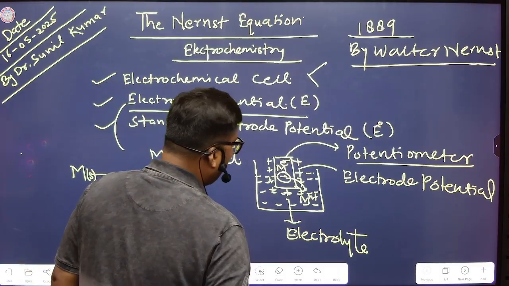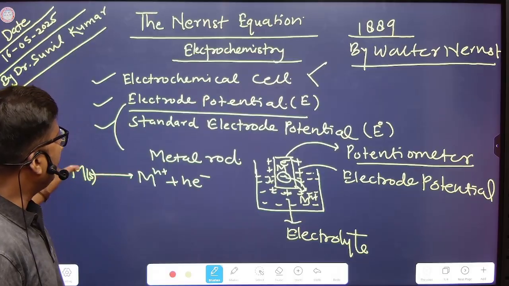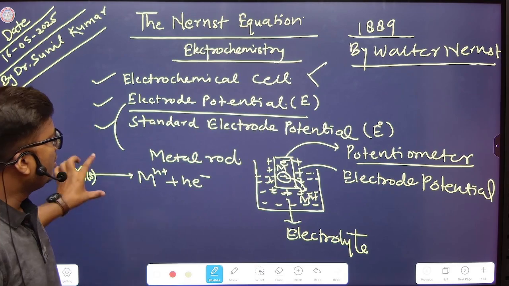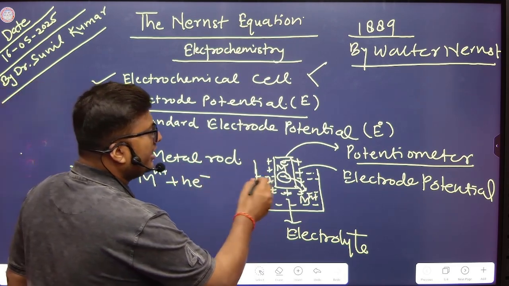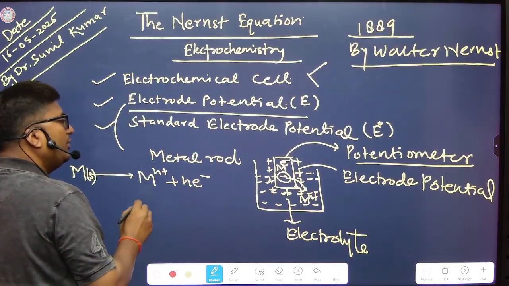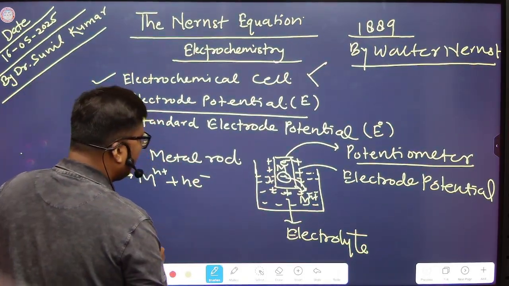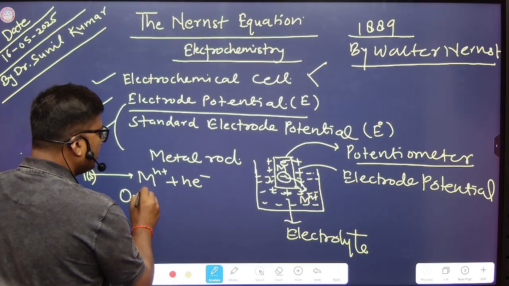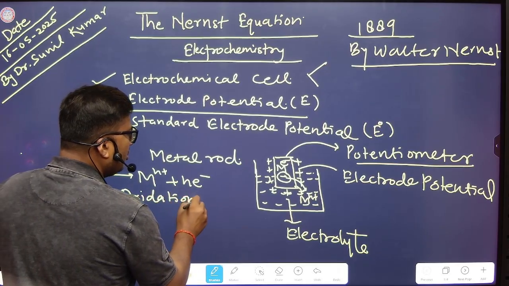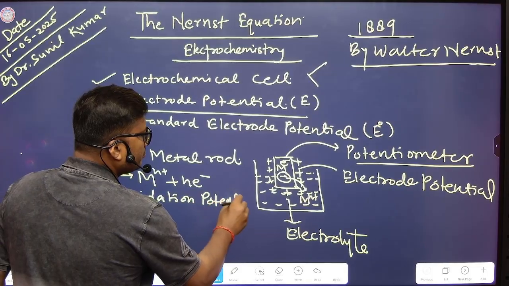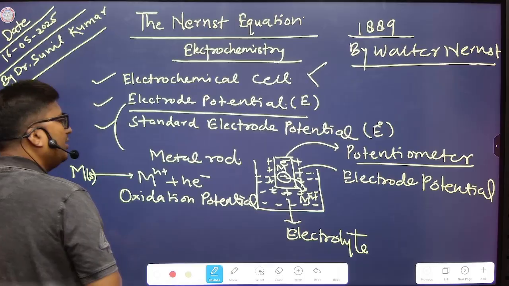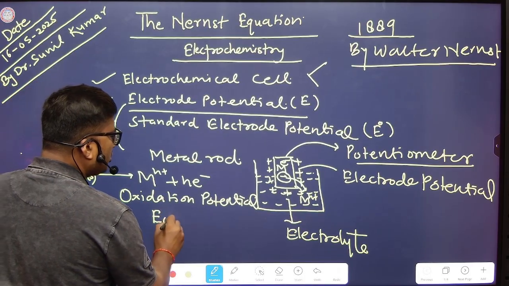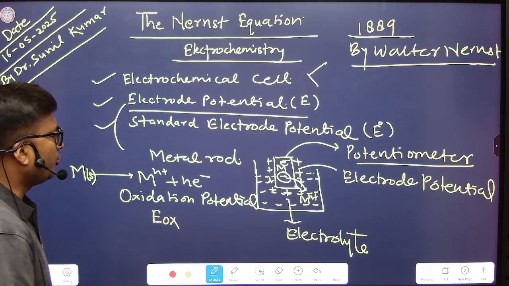Since the metal rod gets oxidized in the solution, the potential generated on the metal rod will be the oxidation potential, right. So the electrode potential is called the oxidation potential, and it is designated as E ox, right. So, oxidation potential.